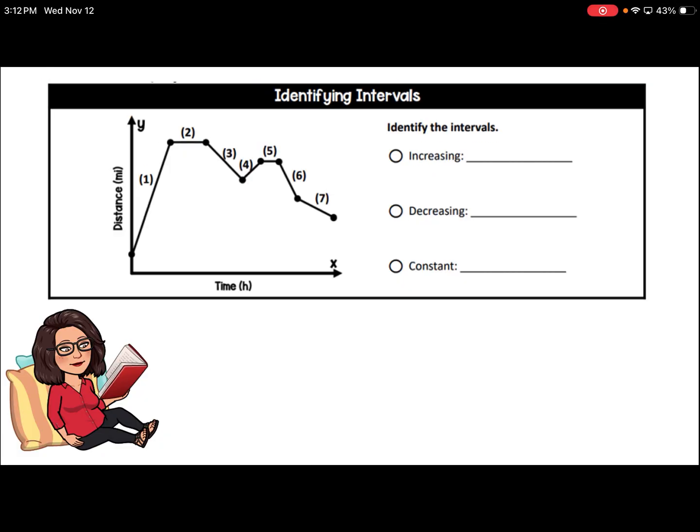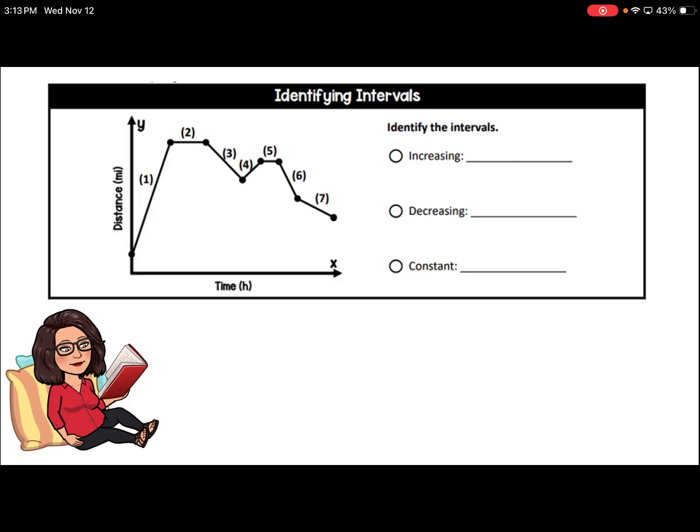All right, let's look at the bottom. Were you able to identify increasing intervals? And you're just going to name them by like 1, 2, 3. There's 7 intervals there. So 1 through 7 should be on these lines. If you did not get that done, do that now. Hopefully we all agree that segment 1 is doing what?